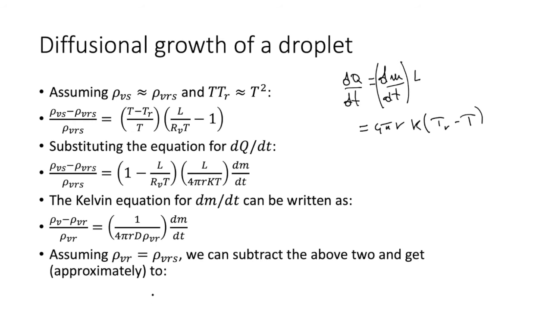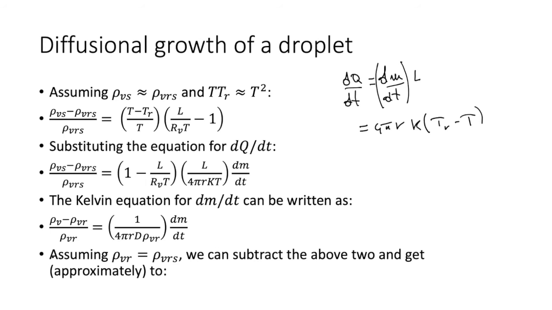And finally, you know the Kelvin equation for dm dt, which we gave some time ago, and this was how you could write it. Assume, as we said, that rho vr equals rho vr at saturation. This was the Kelvin equation in general, right?